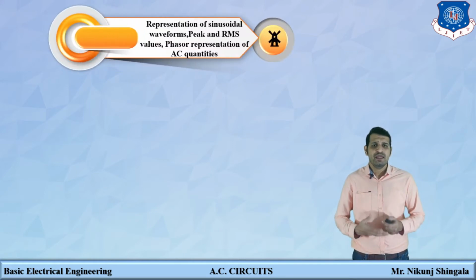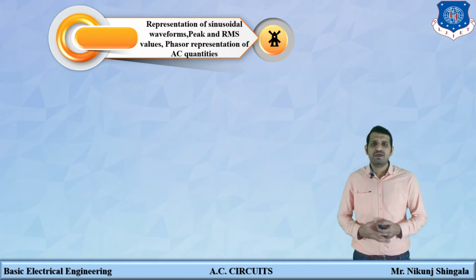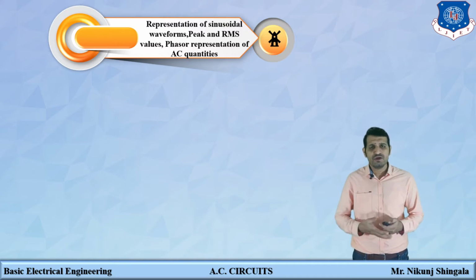So basically AC circuit is divided into two parts, single phase AC circuit and three phase AC circuit. In single phase AC circuit, you are going to learn about the representation of sinusoidal waveform and certain definitions related to that, such as peak value, RMS value, then phasor representation of AC quantity, then generation of single phase voltage or EMF.